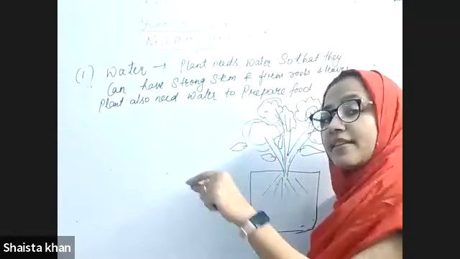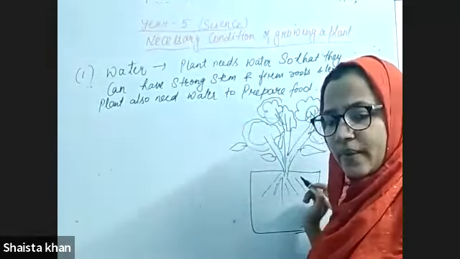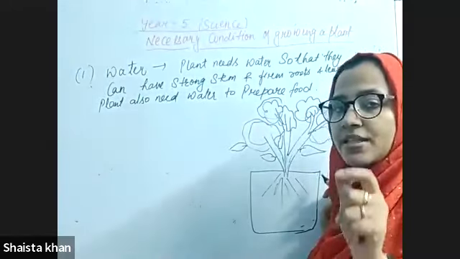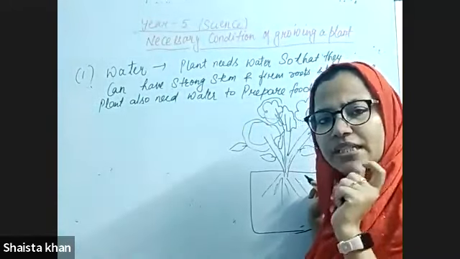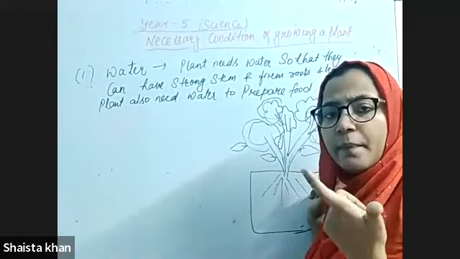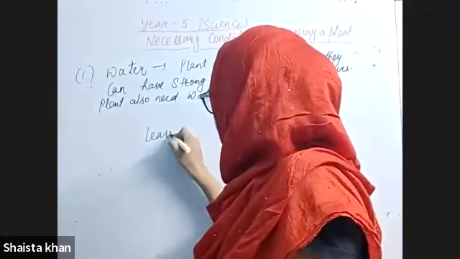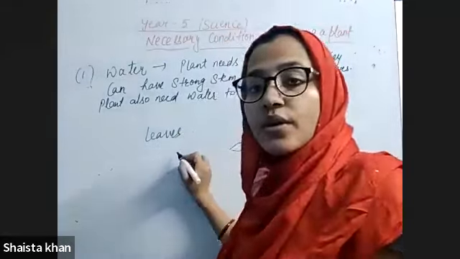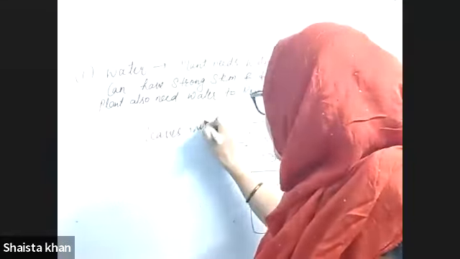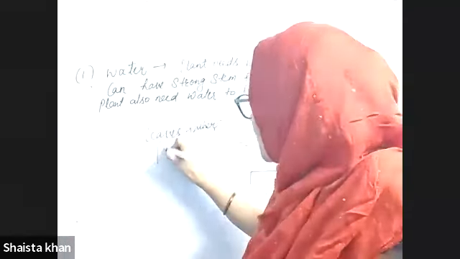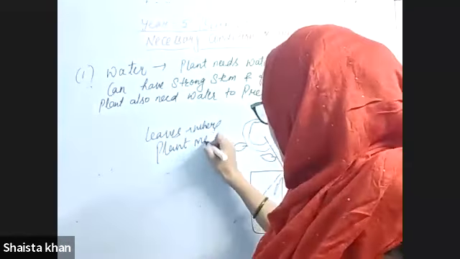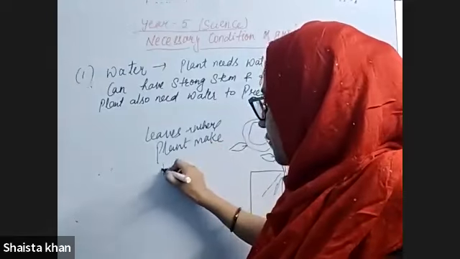So where do plants make their food? Where is the particular place where a plant makes its food? The leaf is the place. Leaves are the place where a plant makes its food.